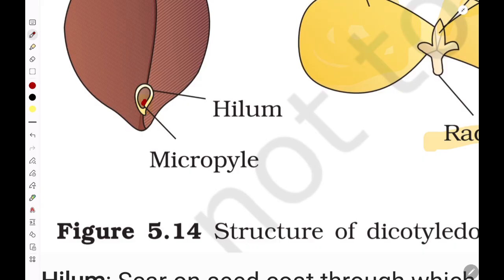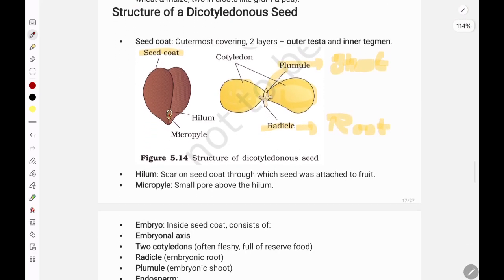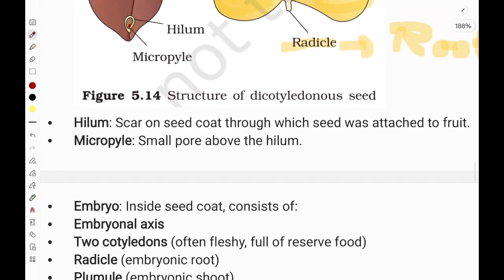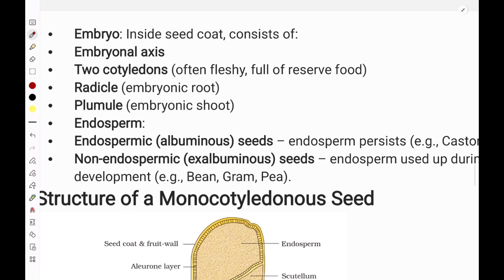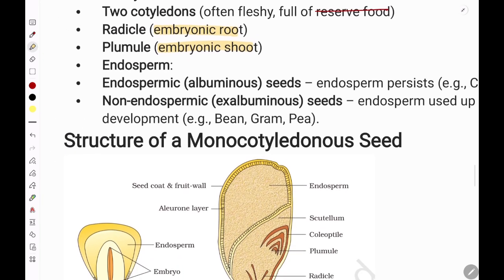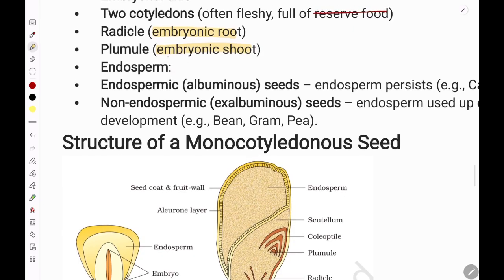This hole is called the micropyle. Then there is the embryo. Inside, the seed consists of the embryonal axis. There are two cotyledons, often fleshy and storing food. Radicle is the embryonic root. Plumule is the embryonic shoot.